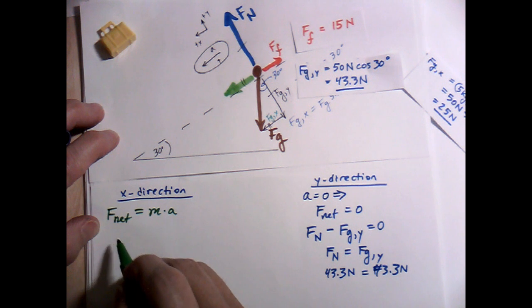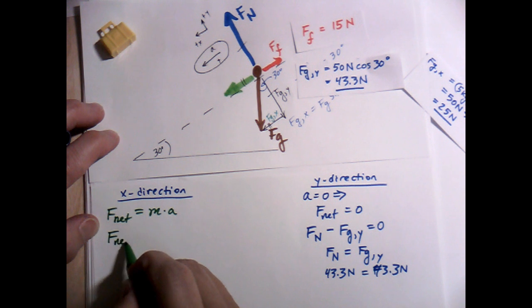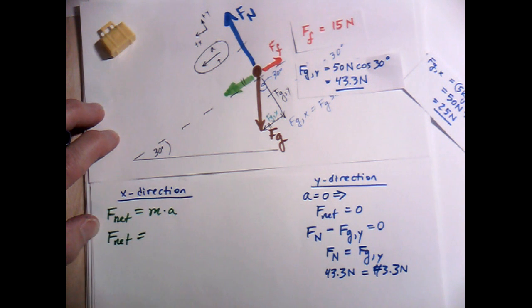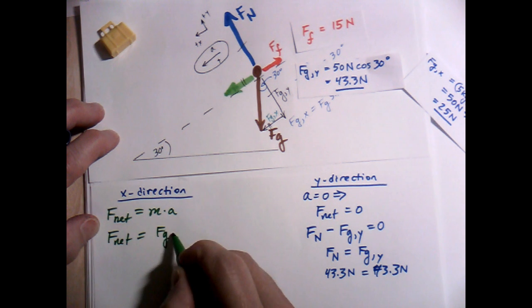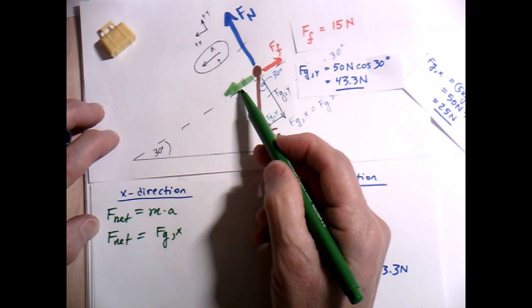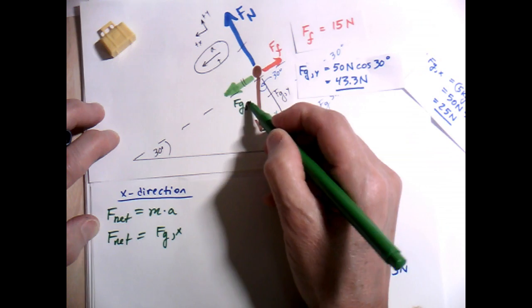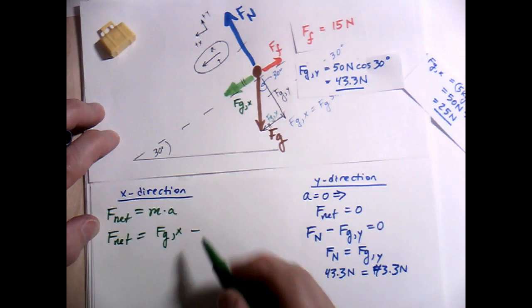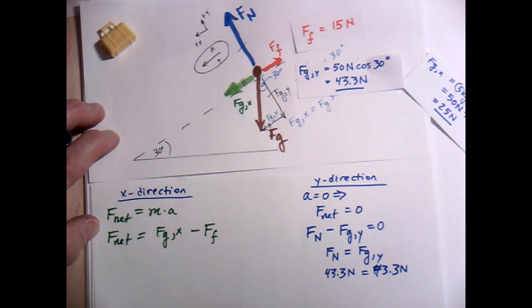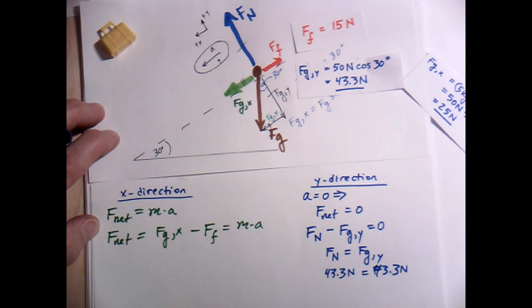So what that means is F net is equal to Fg in the x direction, and that's this green arrow pointing down the ramp, subtract the frictional force, which is pointing in the opposite direction, and that is equal to the mass times the acceleration.